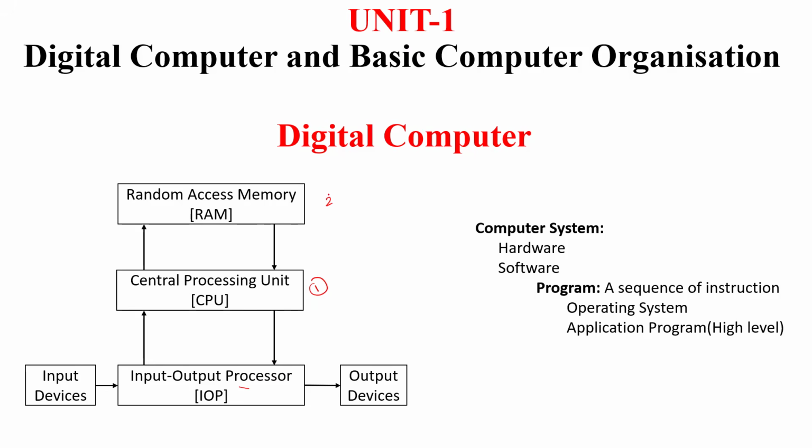Second is the memory, and third we can consider input and output devices. These are the three basic fundamental blocks of the digital computer in modern days. We have multiple input devices like keyboard and mouse, and output devices like printer and some display devices. We'll see that again.